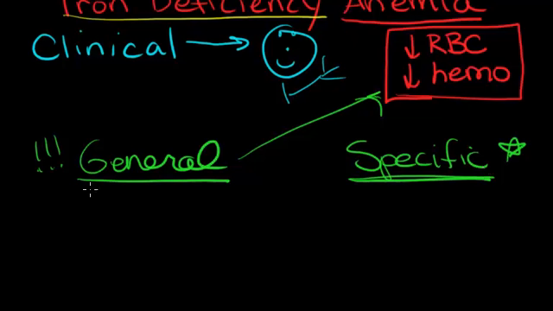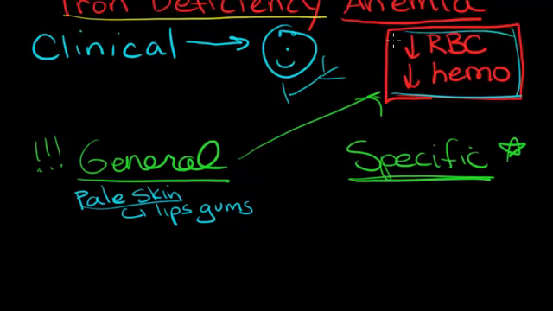Under the general category, we've got several, and probably the most prevalent is pale skin, particularly in the lips and gums. Of course, pale skin is a direct result of the fact that the red blood cells and the hemoglobin in the red blood cells give that red color.